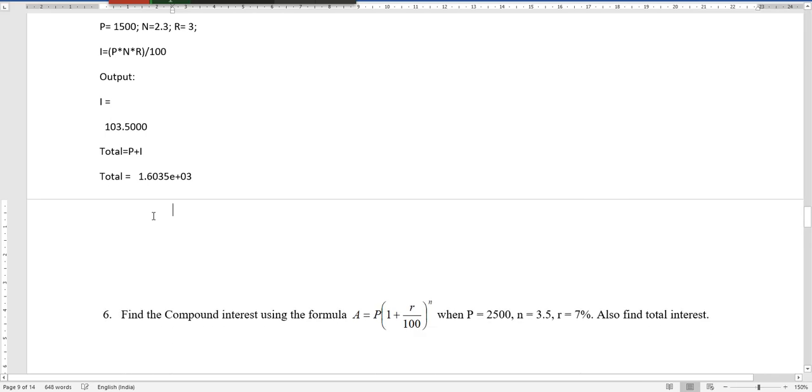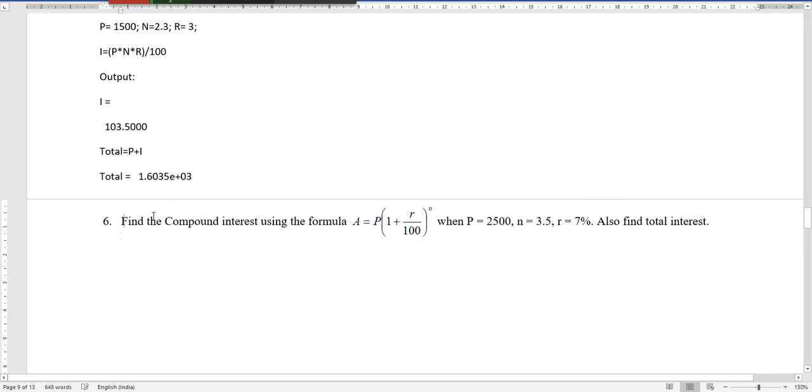Now the sixth question, compound interest. Whether it is simple interest or compound interest, the procedure is the same, only the formula is different. Now write P, N, R. I will use a semicolon, but you can also use commas, no problem. If you use commas, you will get the output of P and R immediately, which leads to unnecessary outputs.